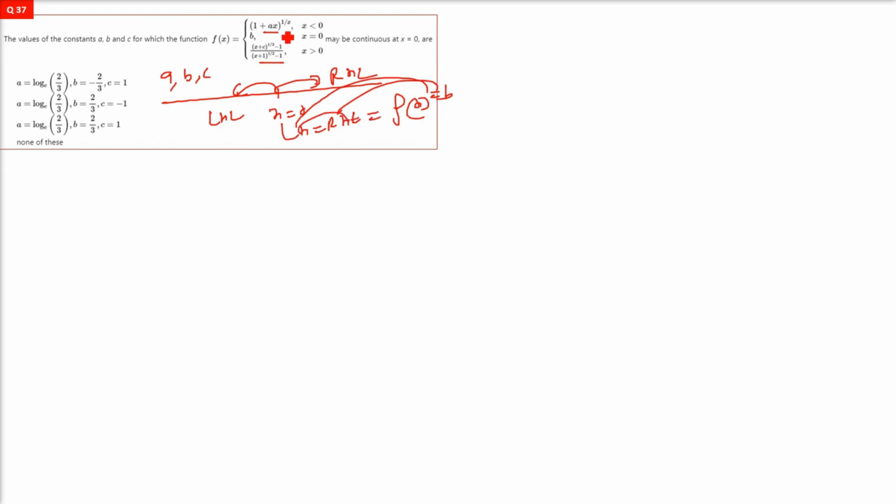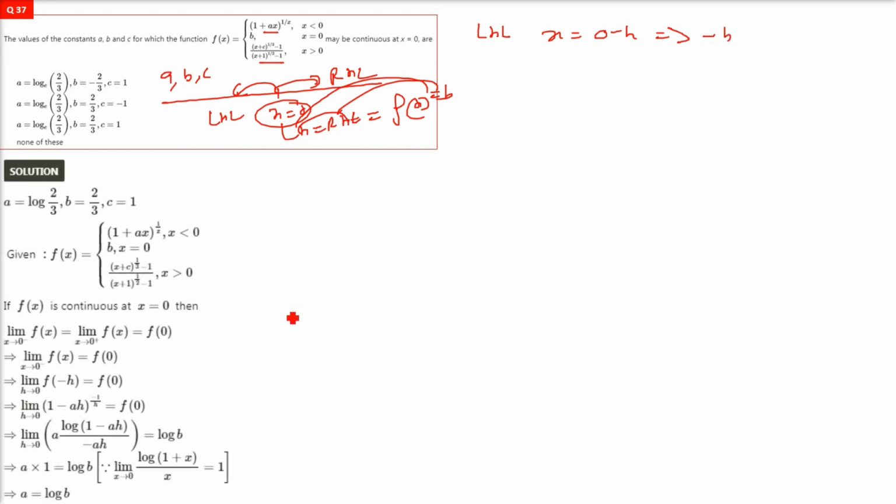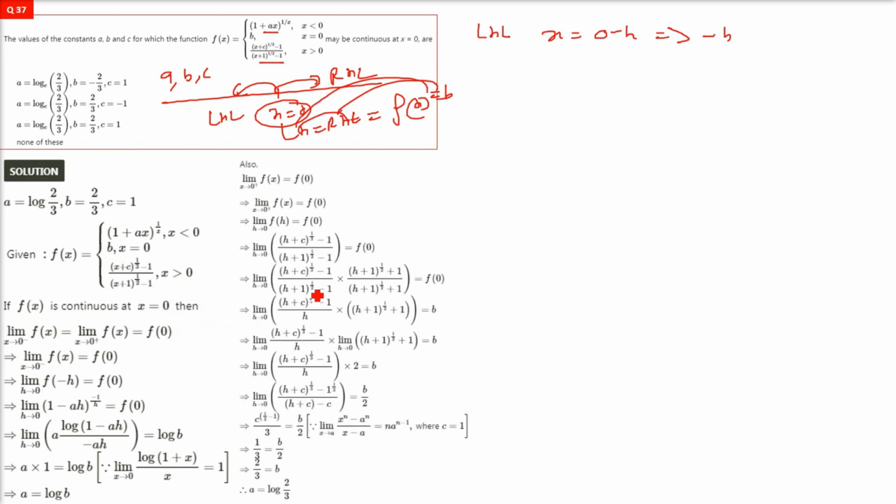Okay, so let us start with the left hand limit. This has to be applied on (1 plus ax) to the power 1 by x. And since it is 0, we have the left hand limit as 0 minus h. So we have to replace x by negative h basically. Those who want to do it by themselves, I'm just showing you the result, how you are going to write it.